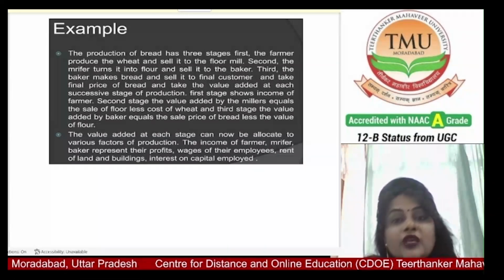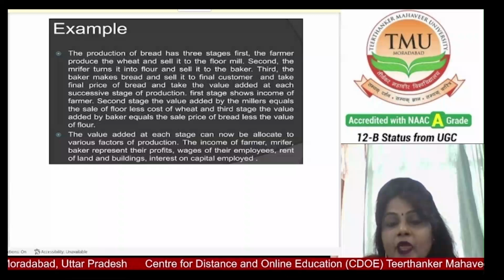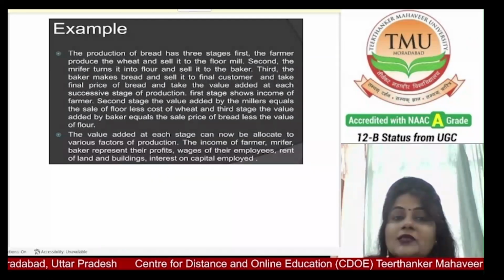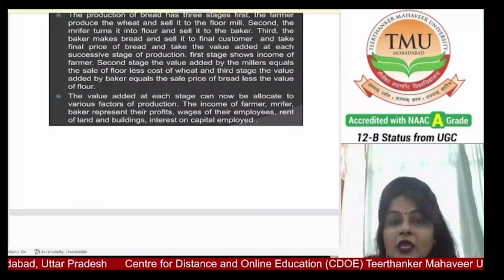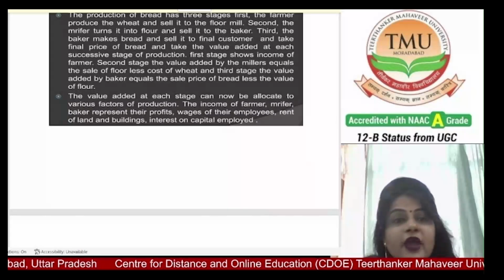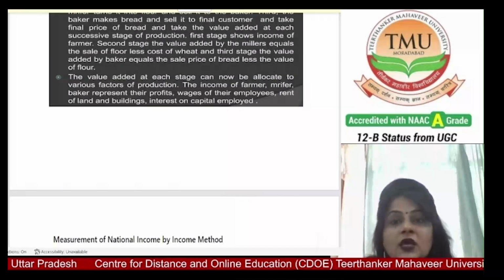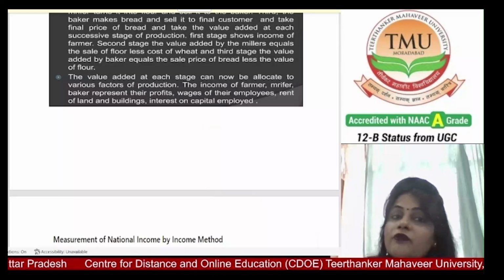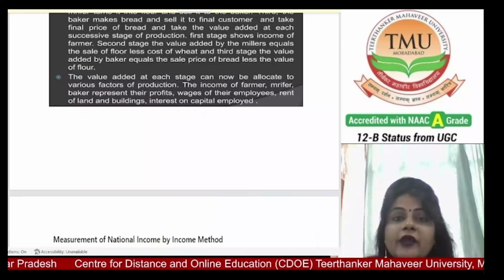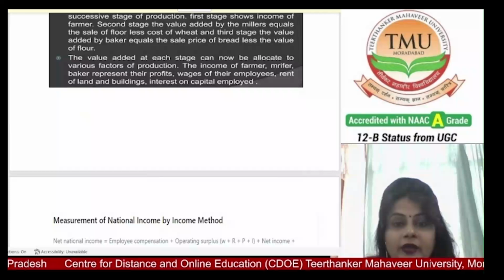The value added at each stage can now be allocated to the various factors of production: the income of farmers, manufacturers, and bakers represents their profits, wages of their employees, rent of land and buildings, and interest on capital employed.